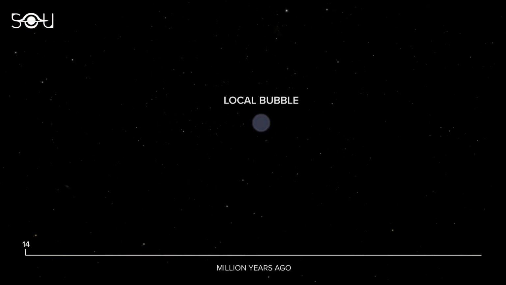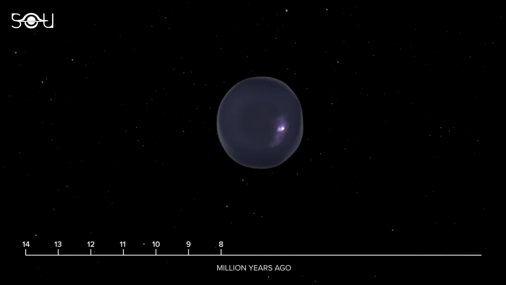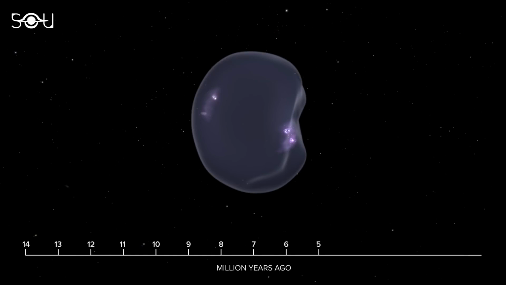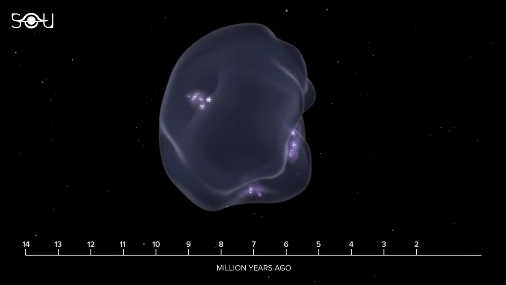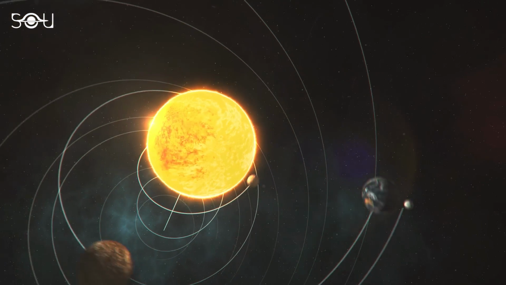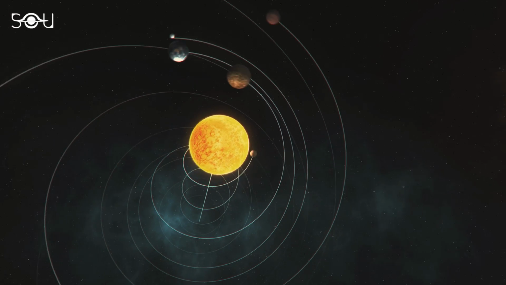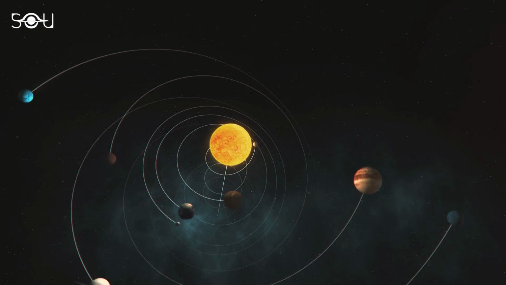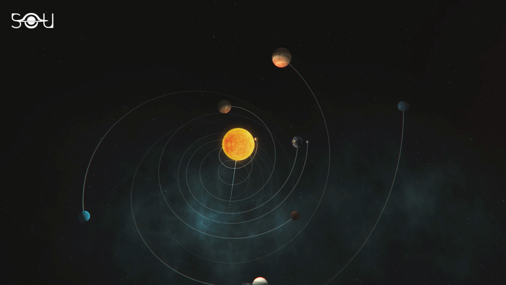The current radius of this cavity is 538 light-years, and it is still expanding outwards at a speed of about 6.7 kilometers per second. The solar system has been traveling through this region occupied by the local bubble for the last 5 to 6 million years.